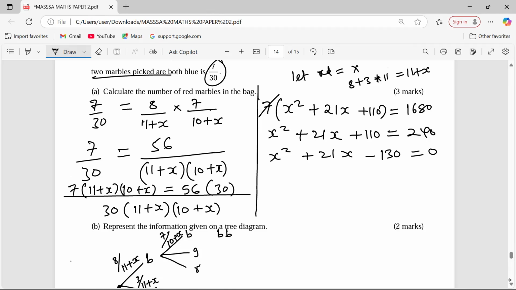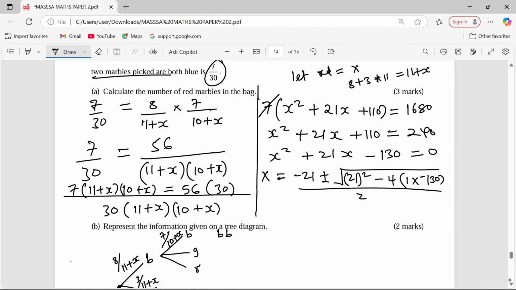So with this analysis, we can now get the values of X, such that X is given by negative b, plus or minus the square root of b squared minus 4 into a times negative 130, out of 2 multiplied by the value of a, which is 1.